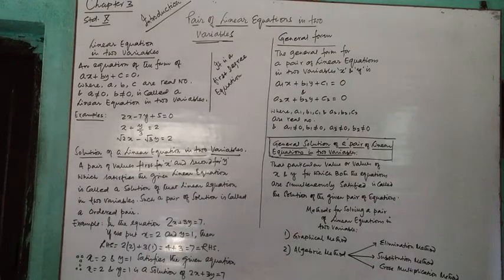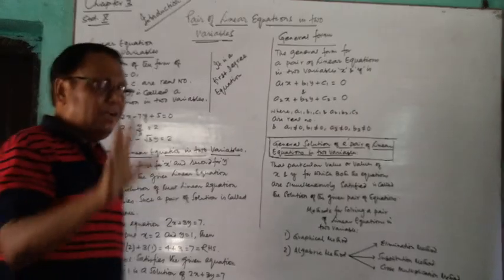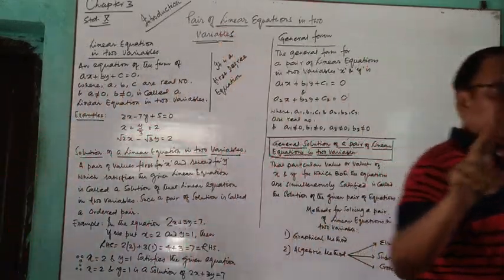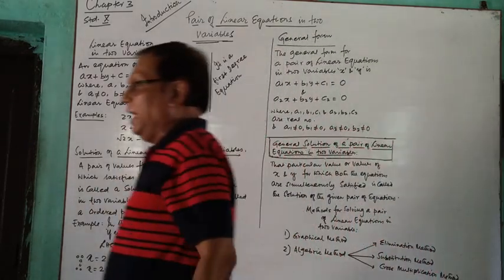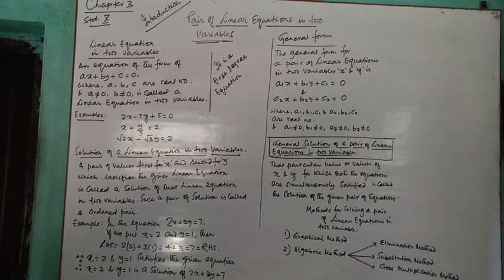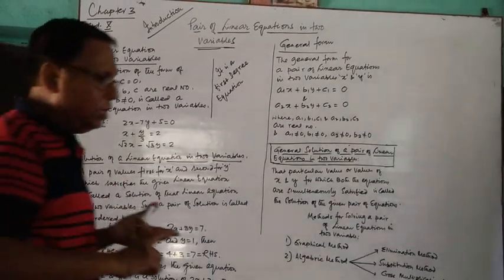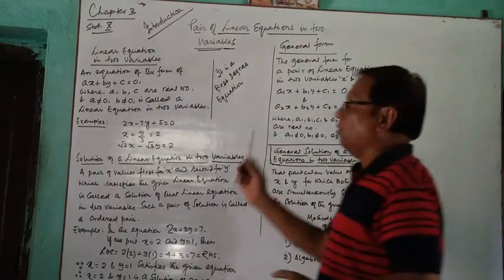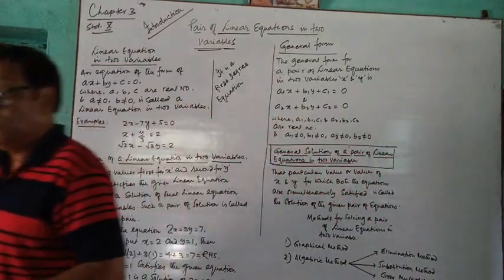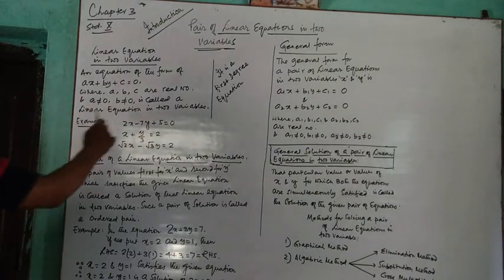That is a linear equation in one variable. In order to define a linear equation in two variables, it is very much necessary to say that a, b, c, the coefficient of x, the coefficient of y and the constant term must be real numbers, and the coefficient of x not equal to 0, coefficient of y not equal to 0.